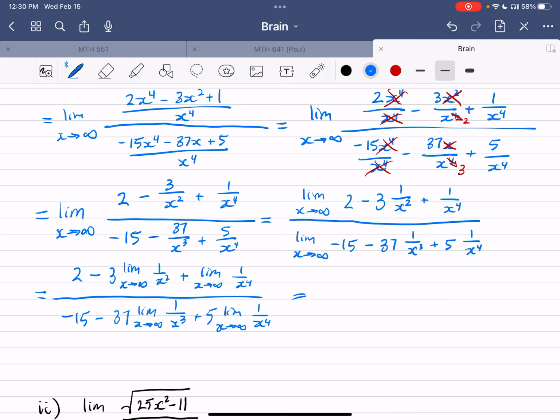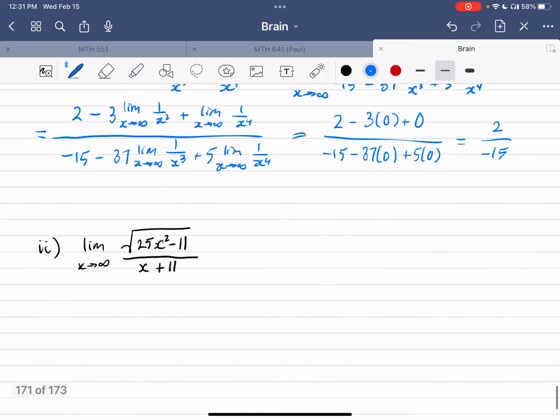And then our last step is that all these limits go to 0. So we get 2 minus 3 times 0 plus 0, divided by negative 15 minus 37 times 0 plus 5 times 0, which is 2 divided by negative 15.